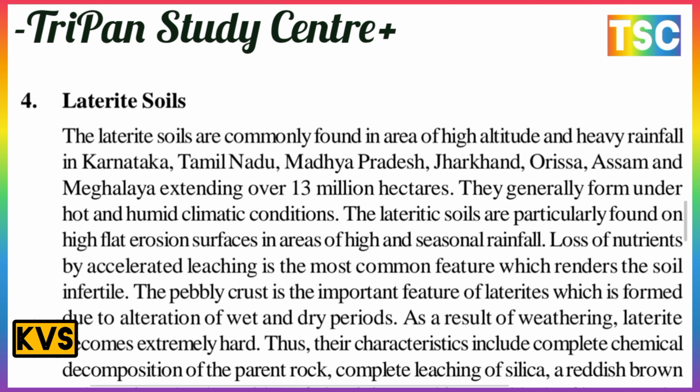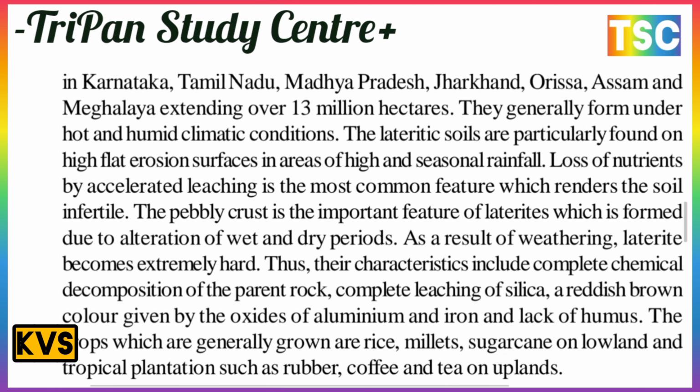As a result of weathering, laterites become extremely hard. Their characteristics include complete chemical decomposition of the parent rock, complete leaching of silica, a reddish brown color given by the oxidation of aluminium and iron, and lack of humus.